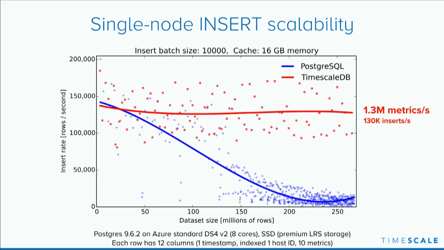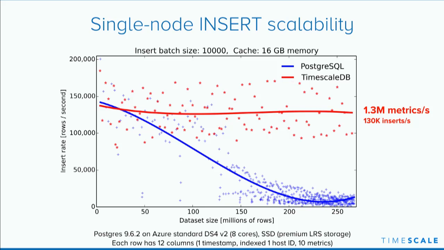So it's inserting rows, and each row has 10 columns. Essentially, I think it's a timestamp and 10 metrics, or maybe 7 metrics and 3 tags associated with it. And we're expanding on the x-axis, but right now we've benchmarked it to about 275 million rows.